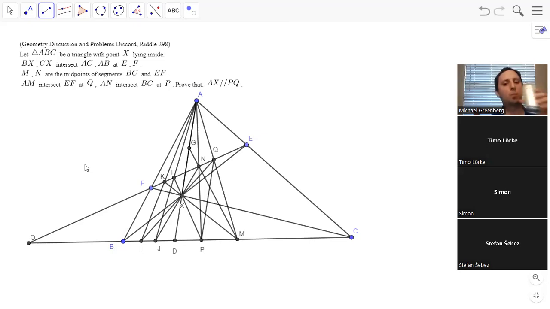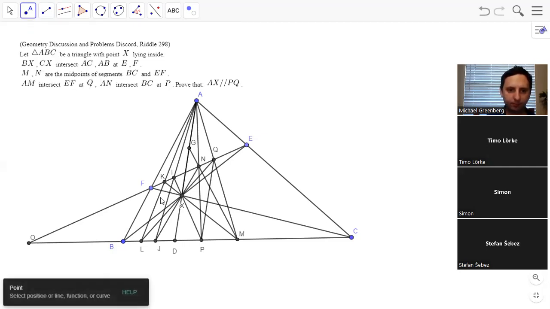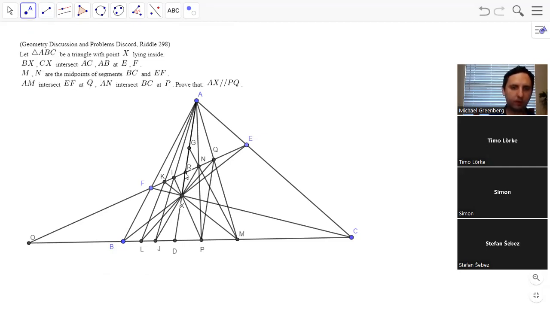So we project through A onto EF, and we get that K, Q, O, and this intersection point is -1. Then we similarly have that J, P, O, D is -1. So I, R, N, O would be -1.